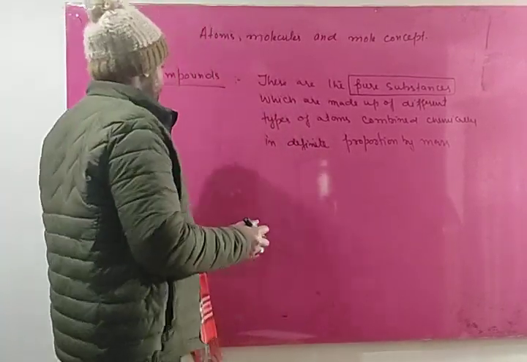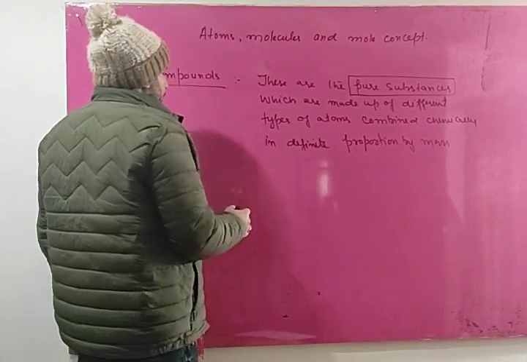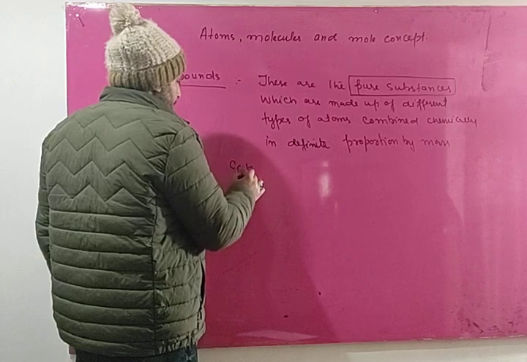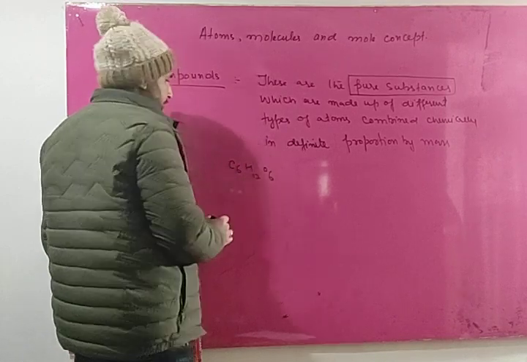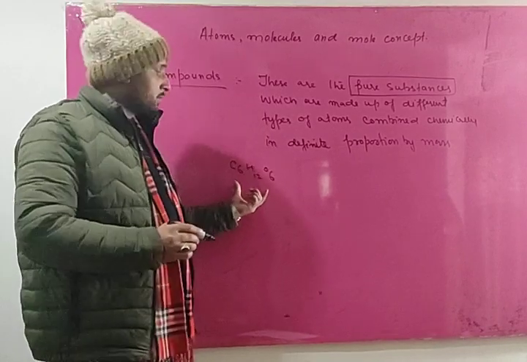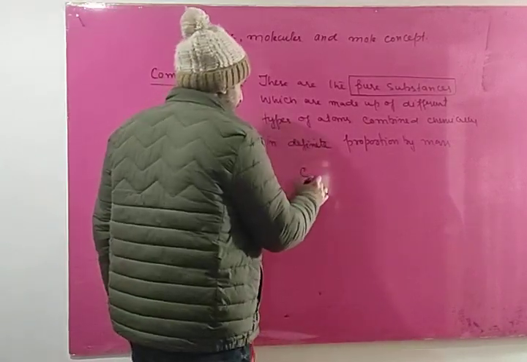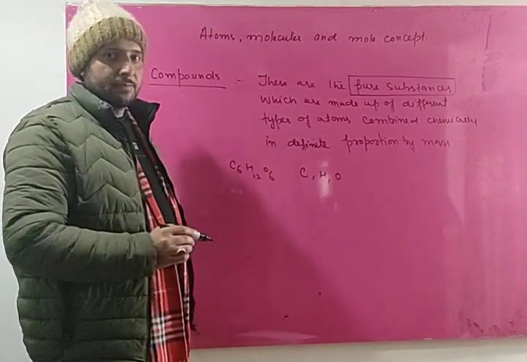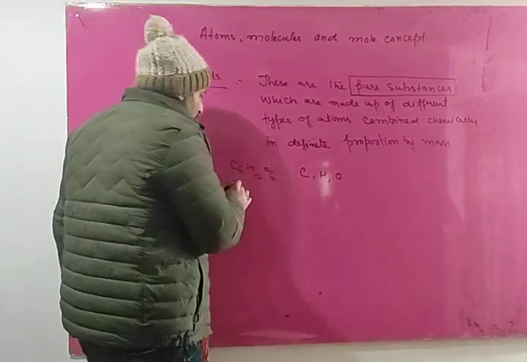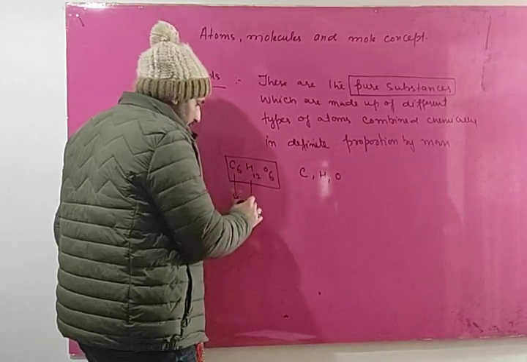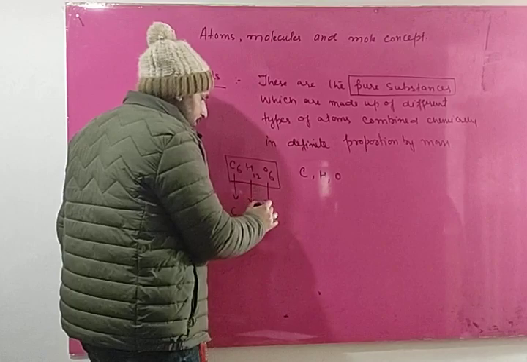Just a simple example. Say for example, we have glucose. It is C6H12O6. What are the constituent atoms? Atoms क्या क्या है इसमें? कार्बन है, हाइड्रोजन है, ऑक्सीजन है. Alright? ग्लूकोज जो है, ना तो ये कार्बन है, ना ये ऑक्सीजन है, ना ये हाइड्रोजन है. It's a different substance.